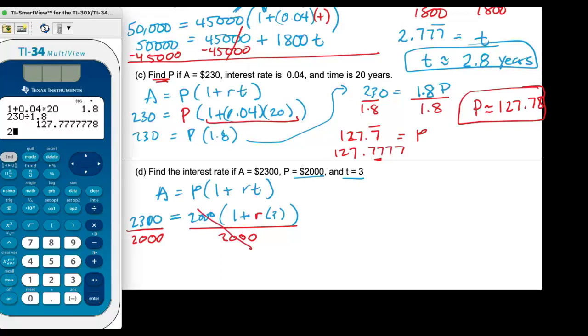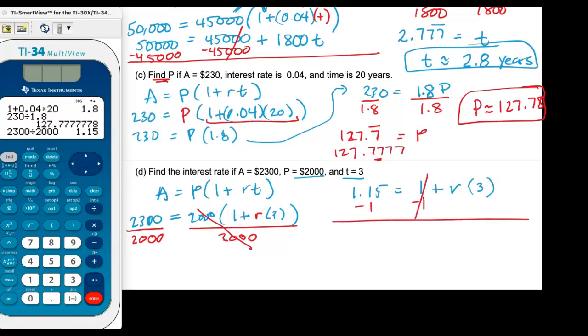So on the left, I get 2,300 divided by 2,000 equals 1.15, and on the right 1 plus r times 3, or I could write it 3r. And so then I'm going to subtract 1, since I always get rid of adding and subtracting before multiplying. And so 1.15 minus 1 is just 0.15 equals, we'll call this 3 times r.